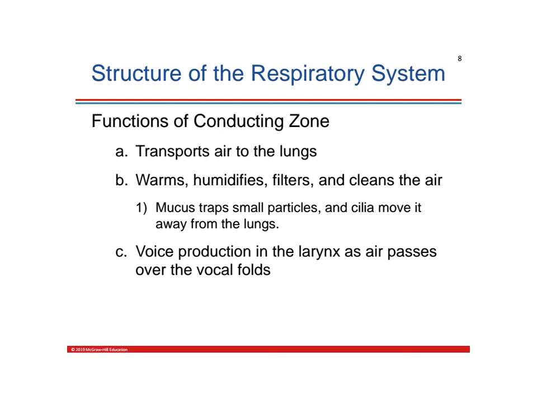And this mucus is eventually either swallowed or it could come out of your body. This is very important for keeping the tubes essentially clean within this conducting zone. Additionally, voice production in the larynx is very important as air passes over the vocal cords.